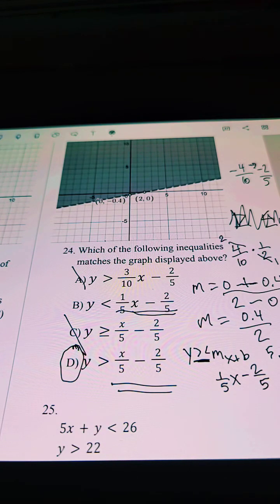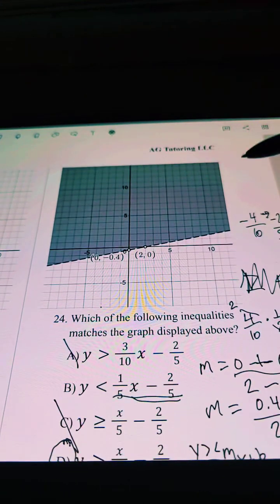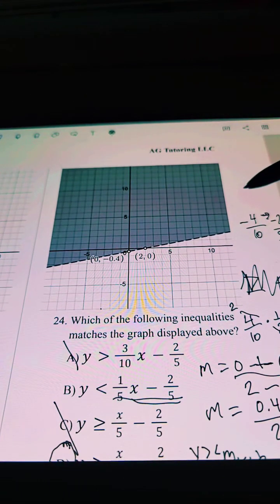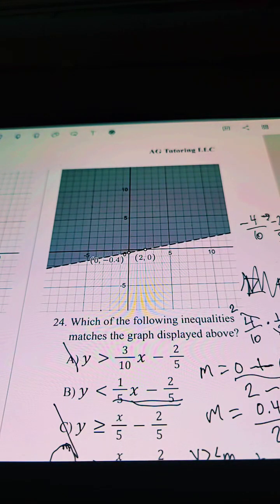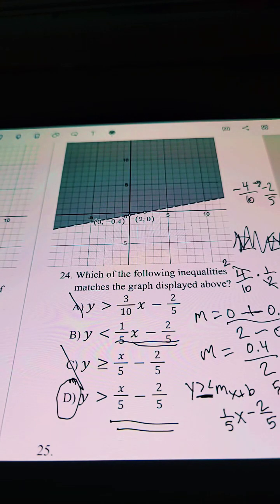Okay. What resources do you recommend studying for the math section of the SAT? I mean, I'm a little biased, but I wrote my book specifically for my students. That's why it says AG Tutoring LLC. Because I thought that the other resources could be improved upon. So that's why I wrote this. If you go to my website, you'll be able to download this if you like.